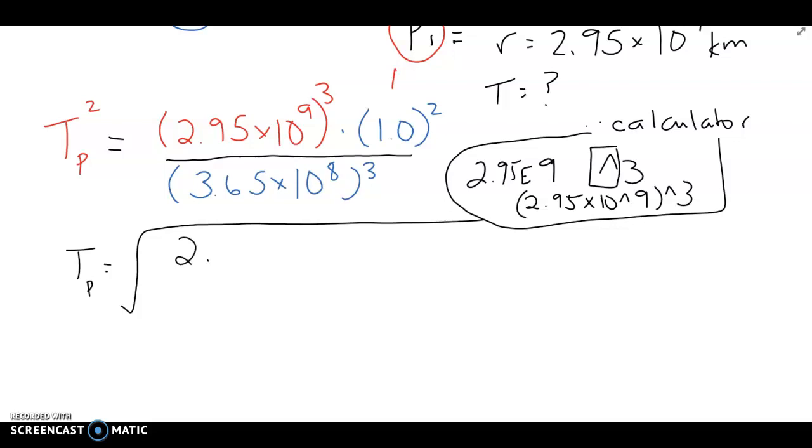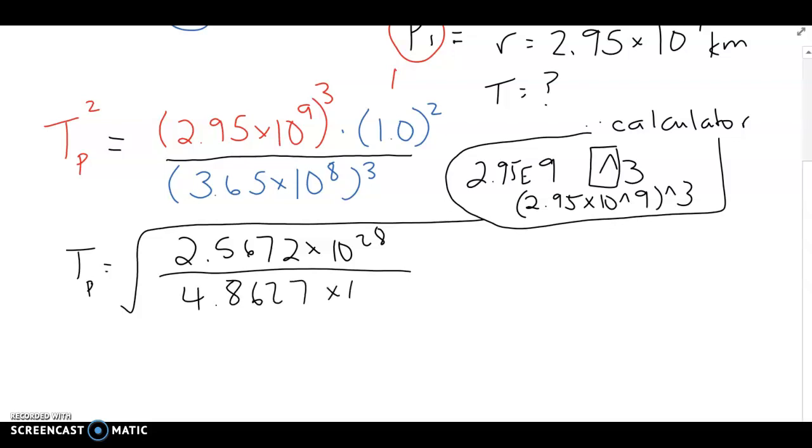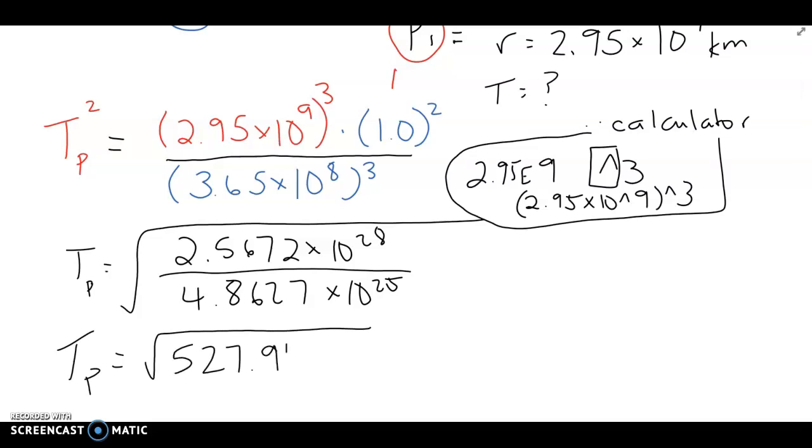So this makes it 2.5672 times 10 to the 28th divided by, and we're going to cube the bottom one, which ends up being 4.8627 times 10 to the 25th, which means that when we divide that, we get 527.9449, and when we take the square root of that, the T period of our little Pi planet is 22.98 years.